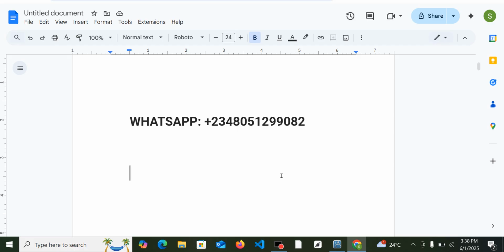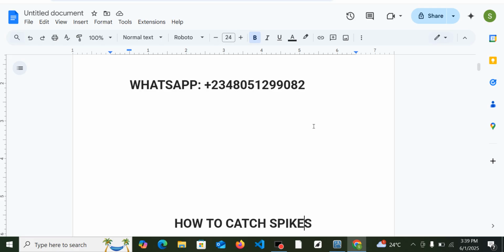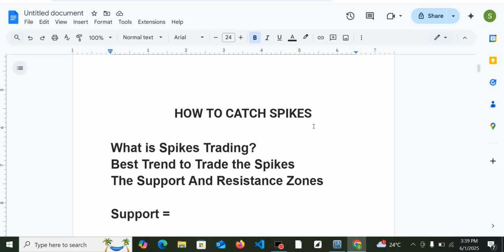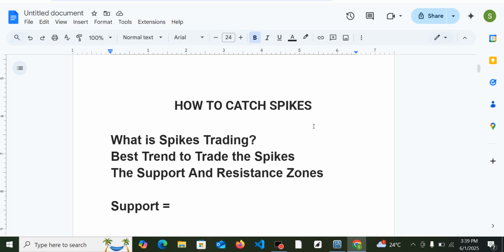So I have this write up just to explain what we are about to do here before we go over to the charts. This is very, very important. I put it here: how to catch the spikes. These are the things we will be checking out: what is spike, what is spike trading, and of course trying to trade the spikes, and of course the support and resistance zone.